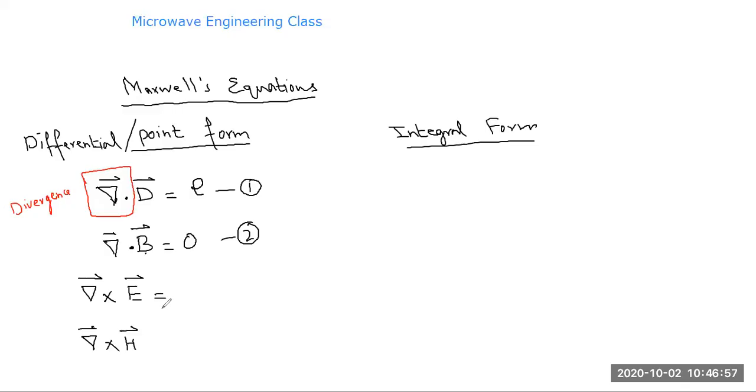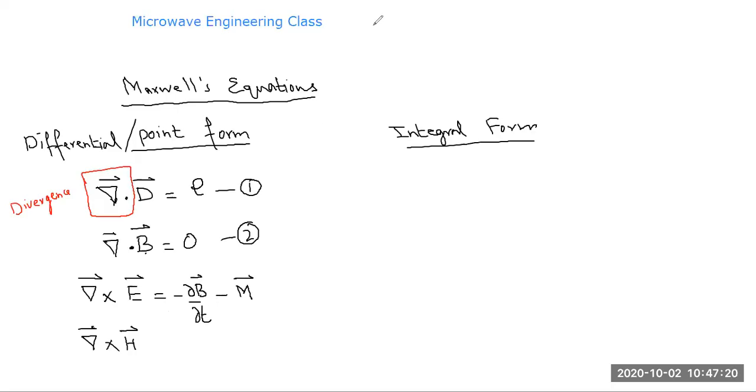According to this third equation, which is basically Faraday's law, the curl of electric field will be either due to change in the magnetic flux density with time, or if there is a magnetic current density, which is represented by this symbol, it can produce curl.